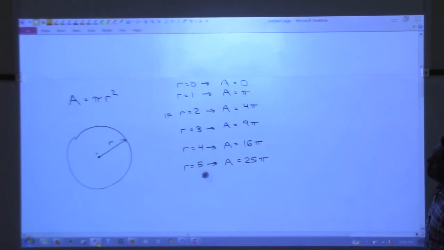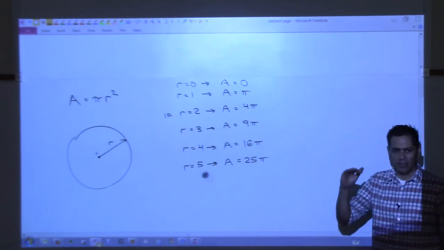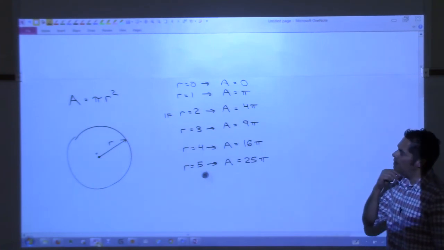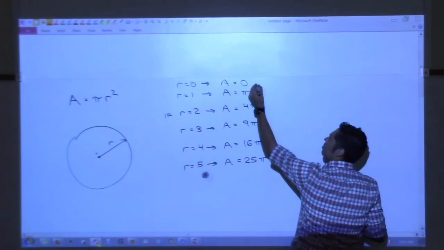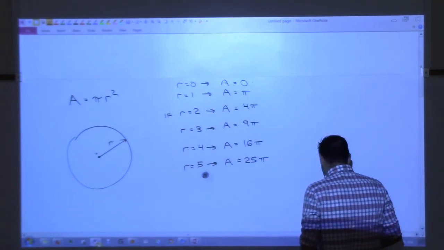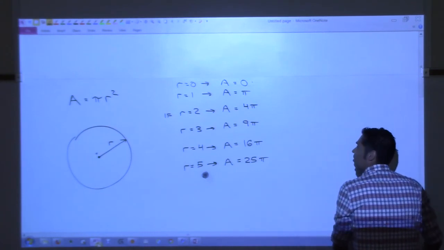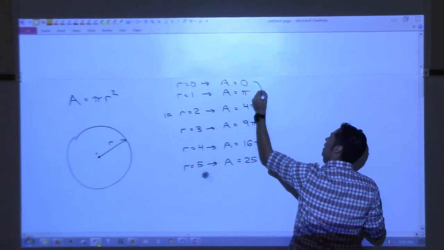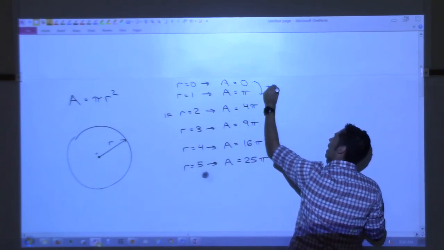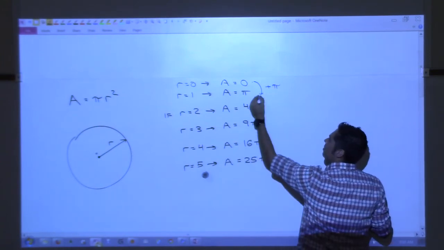I'm curious though, if calculus is more about rates of change, let's talk about what's happening as our radius is changing here. How much does our area grow by when we make that first step from 0 to 1? How much does my area increase by? It increases by 1 pi, right? How about on the second step?